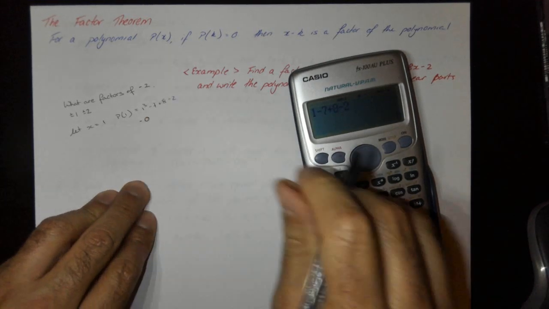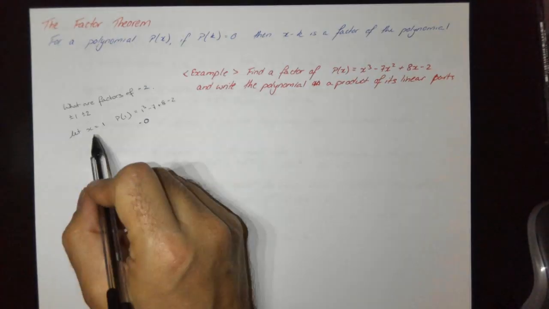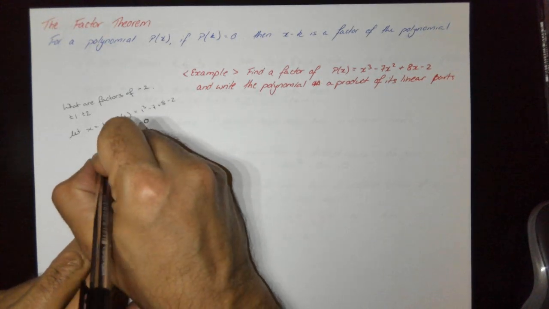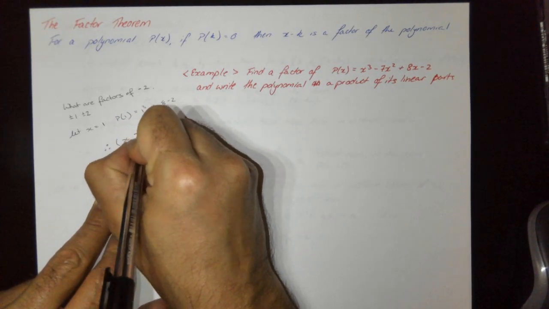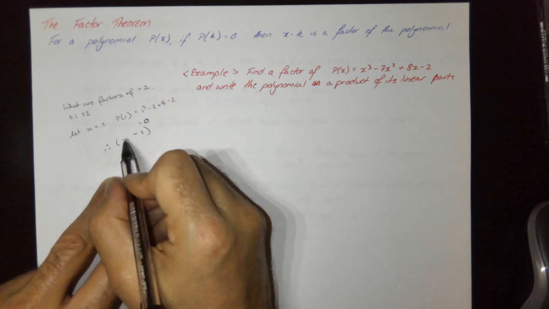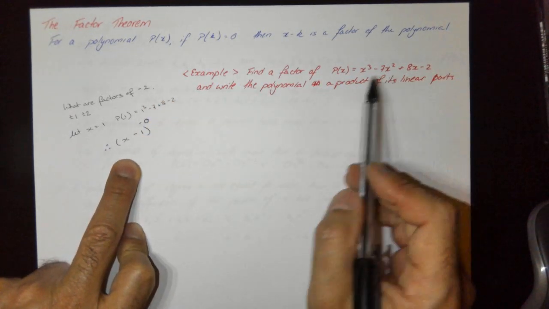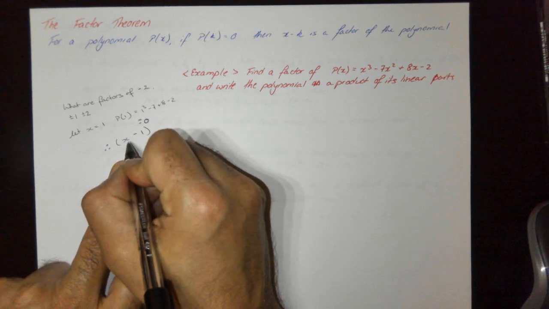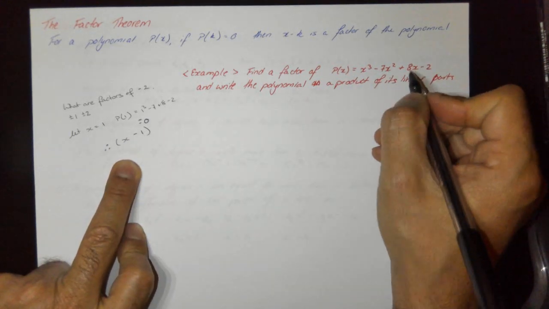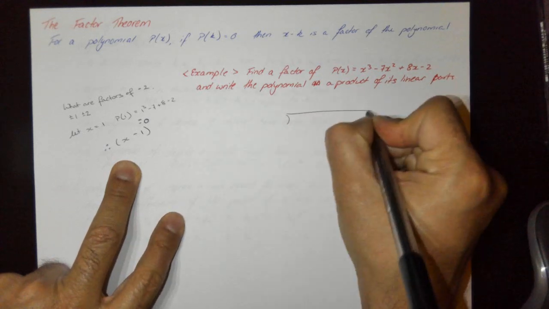Excellent, that's what I wanted. I wanted to find a factor of this. So it means x minus 1 will be able to be divided into that, because if x was 1, I get 0. So x minus 1 must be a factor of this.